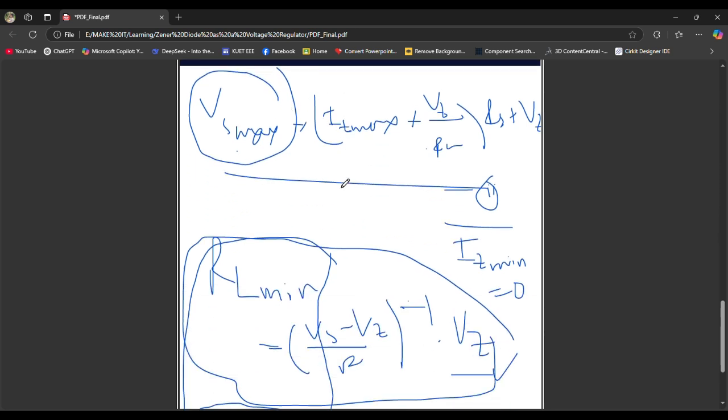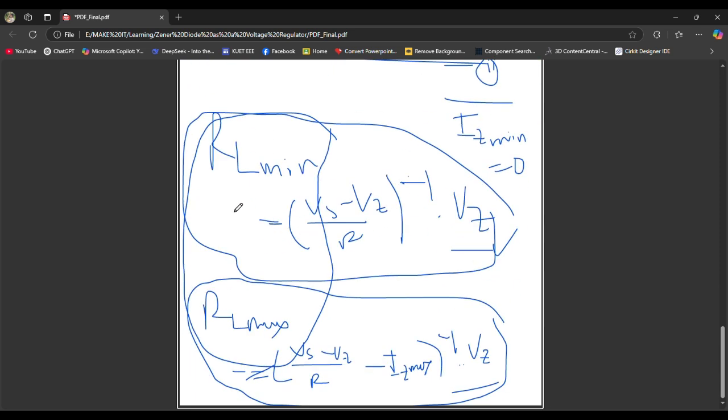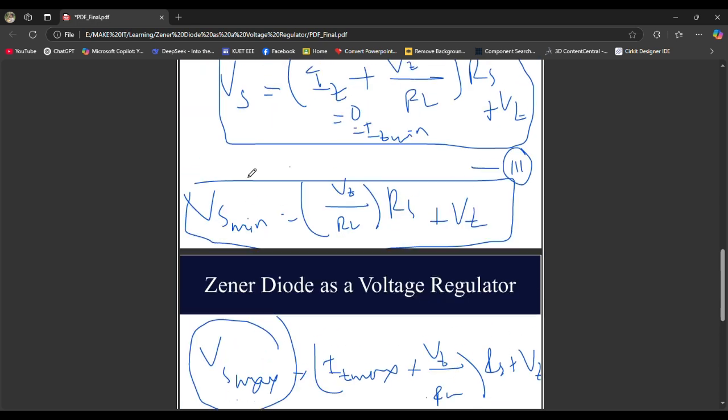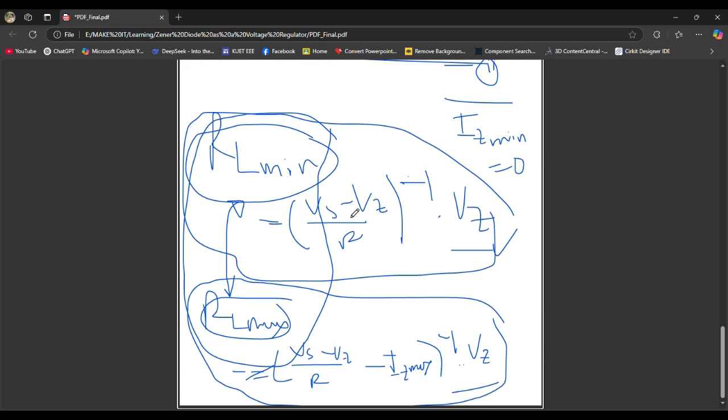So from this video, at this moment, we have the range of variation of the output load, which is RL minimum to RL maximum, and we have also found the supply voltage range, which is Vs minimum to Vs maximum.